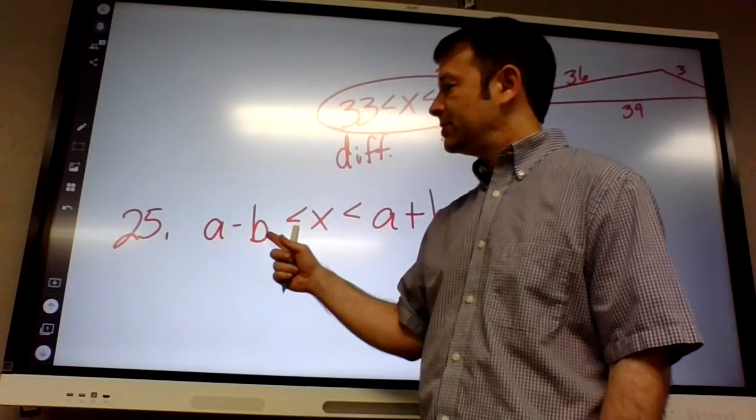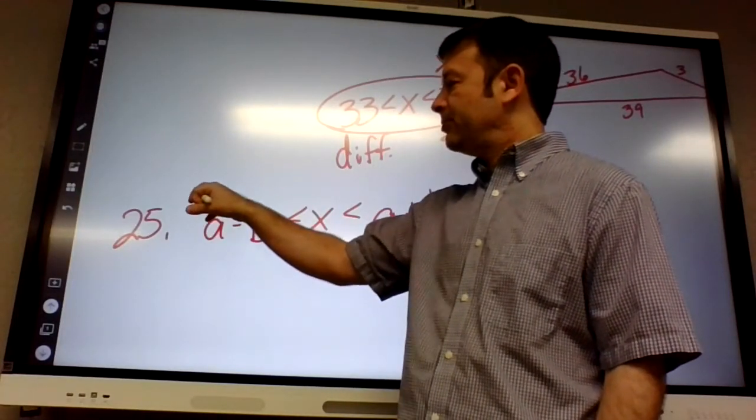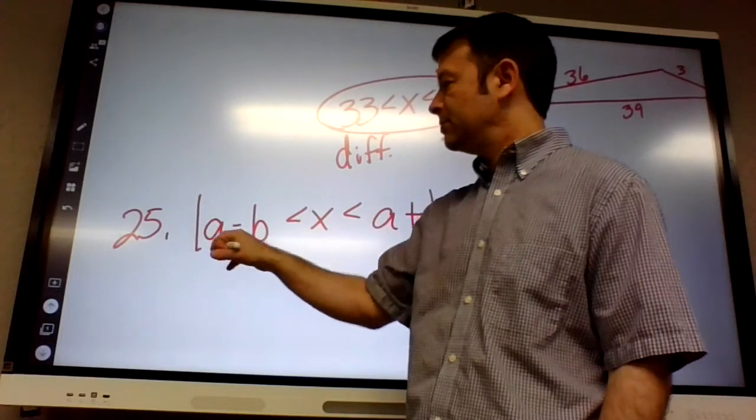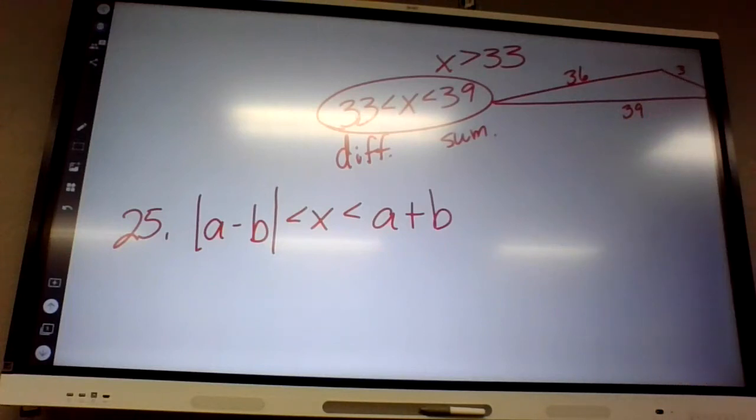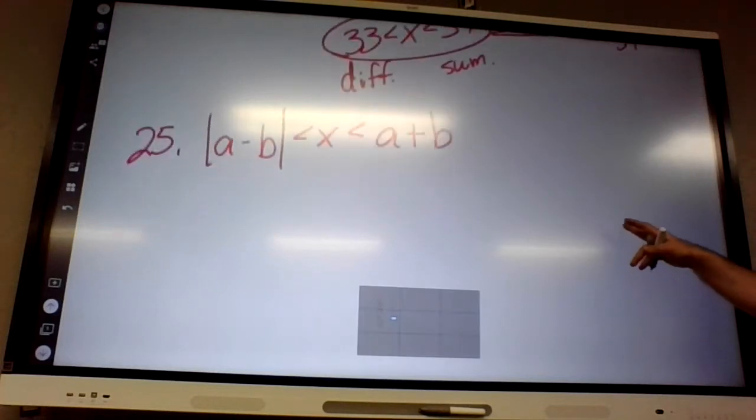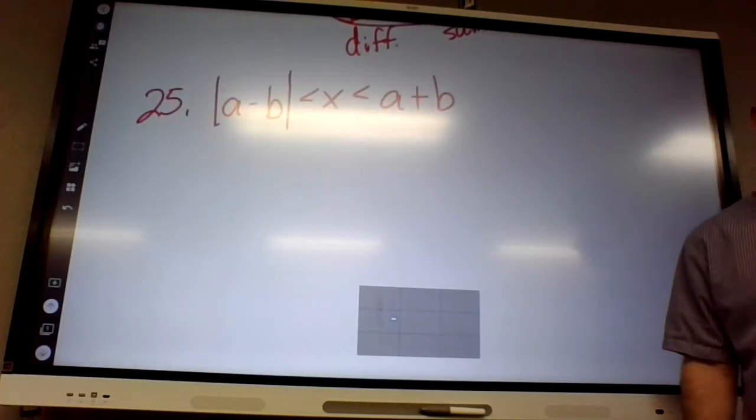That doesn't make sense. So how can we not make it come out negative? Absolutely, absolute values. So that kind of puts a patch on it. If you subtract in the wrong order, it makes it right still.